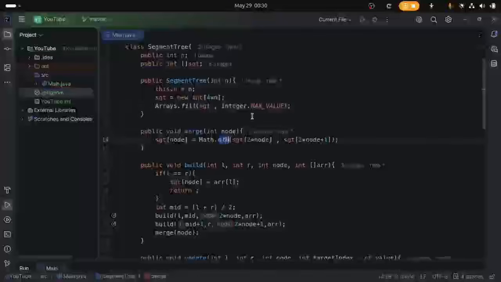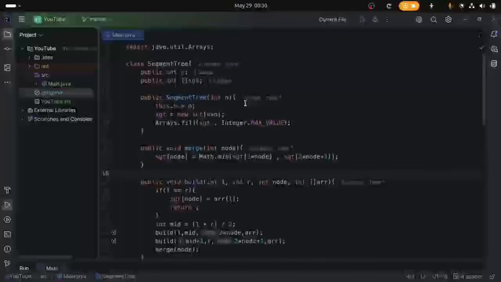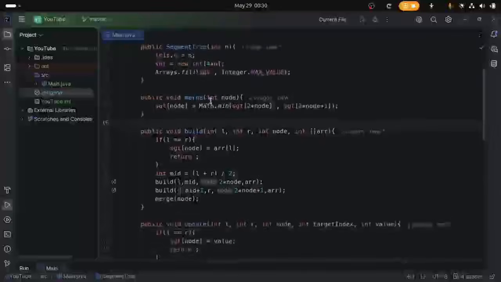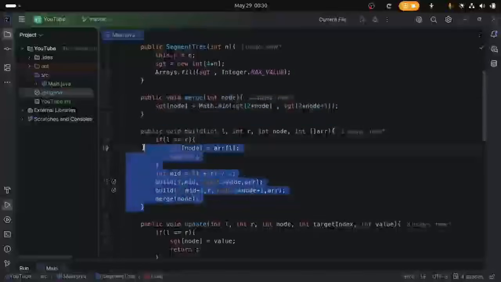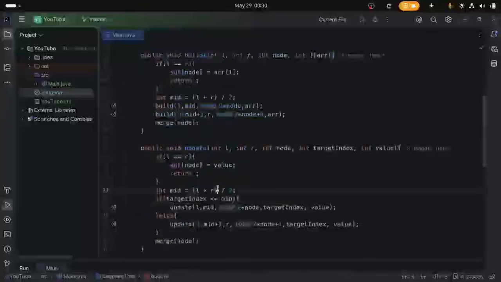Of course, if you want to take minimum, we initialize with a very large value, and if we want to take maximum, we initialize with a very small value. Okay, so you have a minimum over here. These are the changes which you have to remember according to the function in the question. You have to change the constructor, you have to change the merge function. These things won't change.